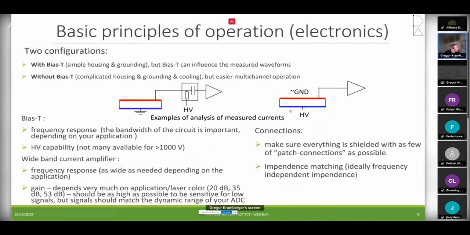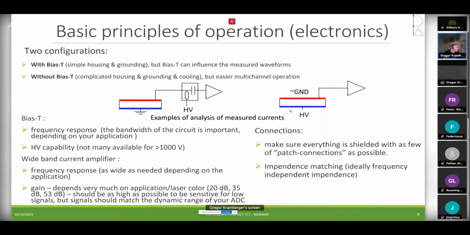So if you look at what the electronics components need to fulfill, like I said, the bandwidth should be very large on both the low and the high side, so that you can reproduce your currents as much as possible, so that what you measure corresponds to the true induced current. It has to stand the bias T, if you're using it, really high voltages, 1000 volts or so.